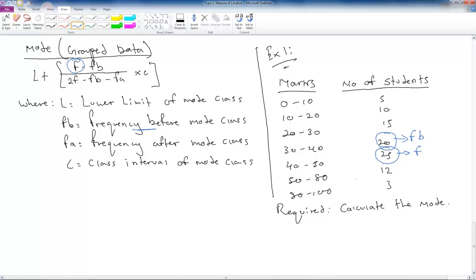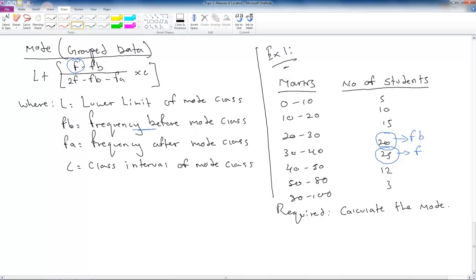And frequency after, if this is frequency after, will be 12, so that will be FA. Are we okay?